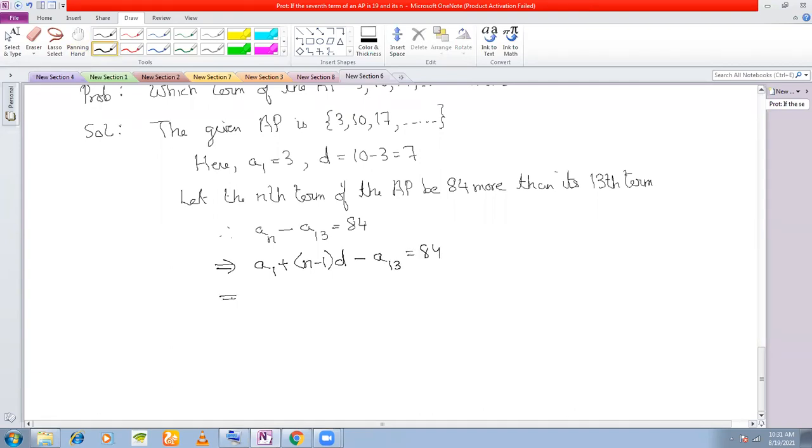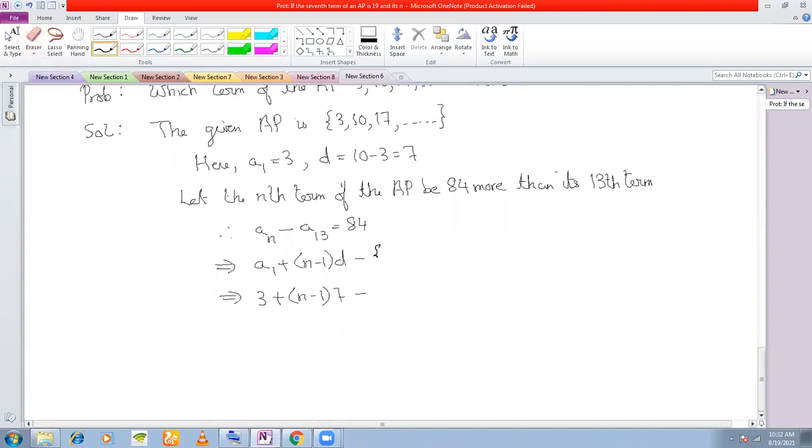So what do we know here? We know A1, put it 3, and n we don't know. We have to find out n because the question is which term. So we have to find out n. D here is 7.